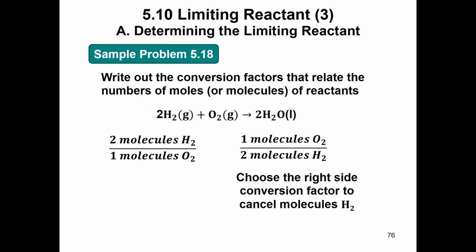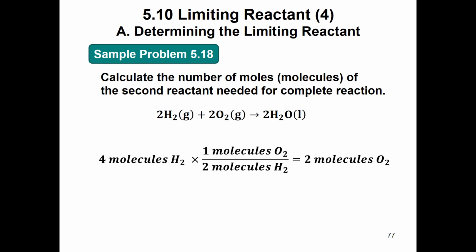I know my conversions from my balanced chemical equation are going to be 2 hydrogens for every 1, because 1 is understood, oxygen, and so I can put that into my calculation. 4 molecules of H2 times 1 molecule of oxygen for every 2 molecules of H2, and that's going to give me 2 molecules of O2.